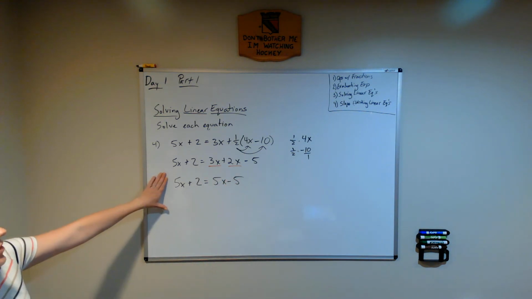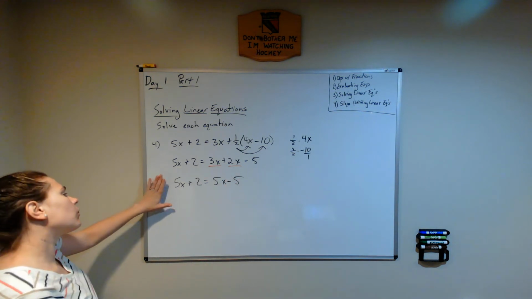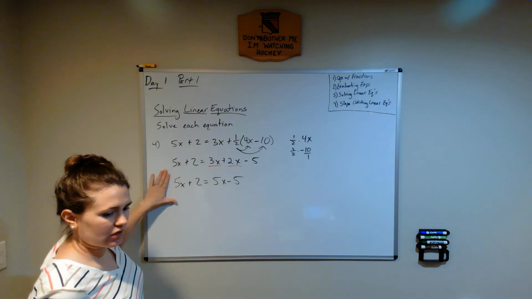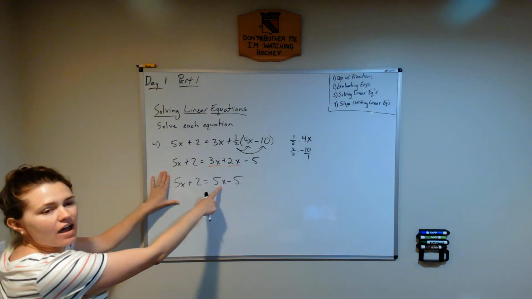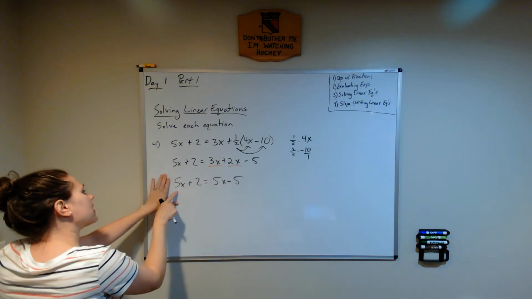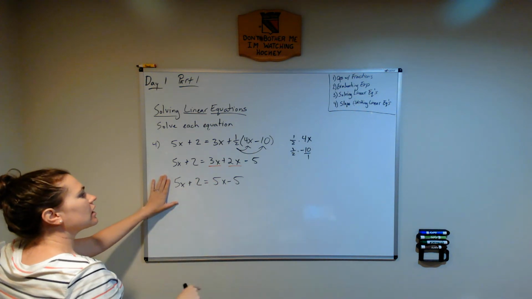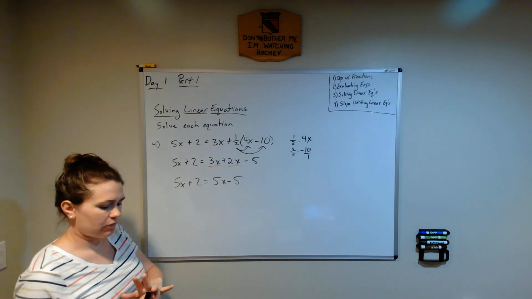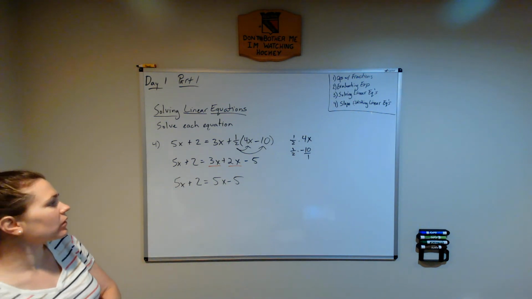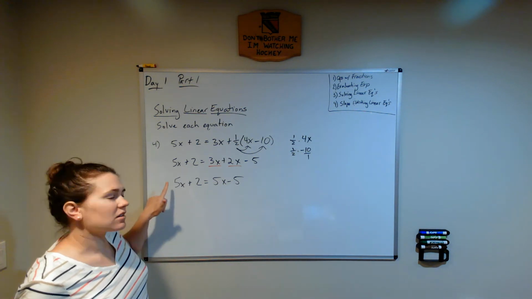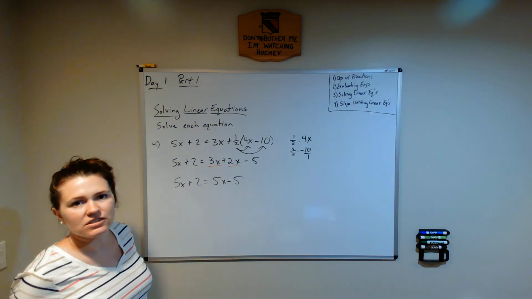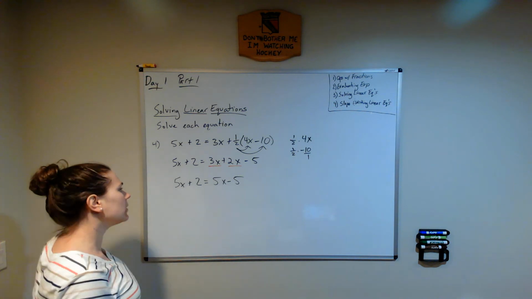Now, I want you to stop and think about this for a second. No matter what you plug in for x, 5x is always going to be the same as 5x. But on the left-hand side, you're going to add 2, and on the right-hand side, you're going to add negative 5. Will there ever be a value for x that will make the left-hand side equal the right-hand side? Let's look.